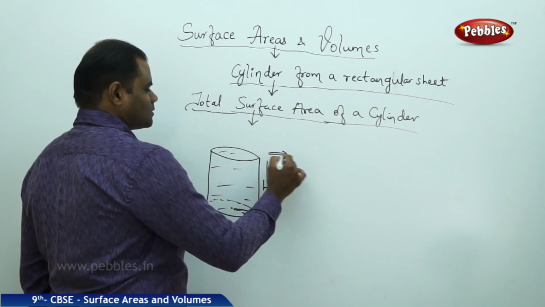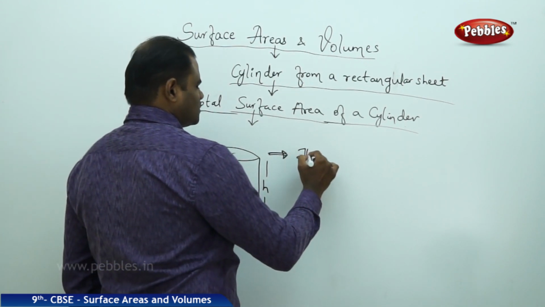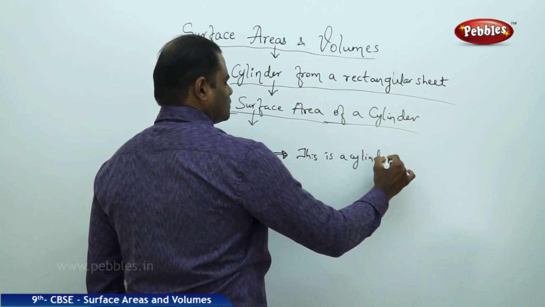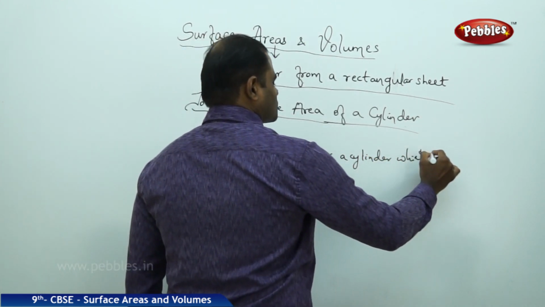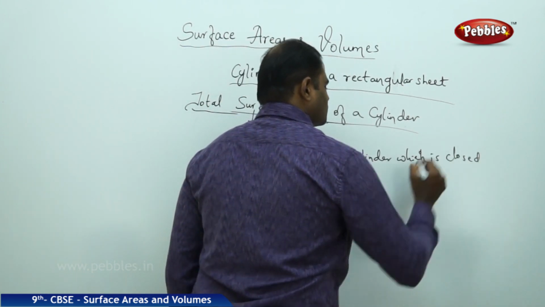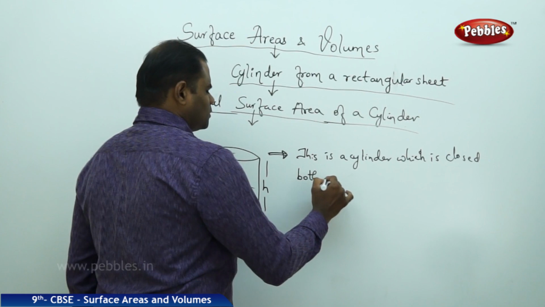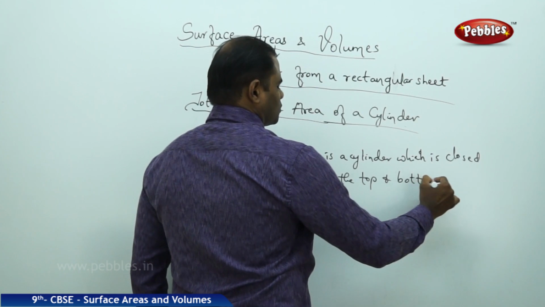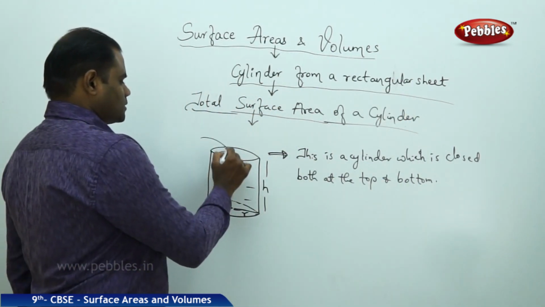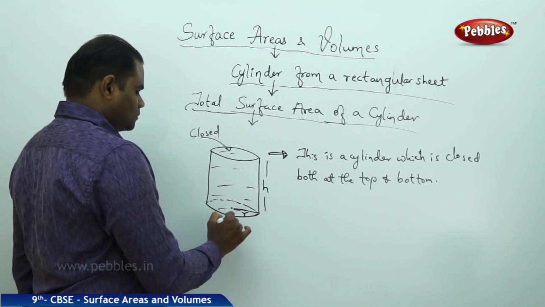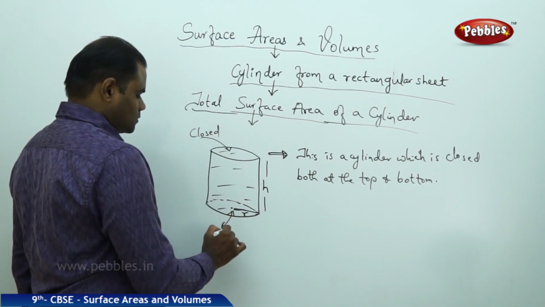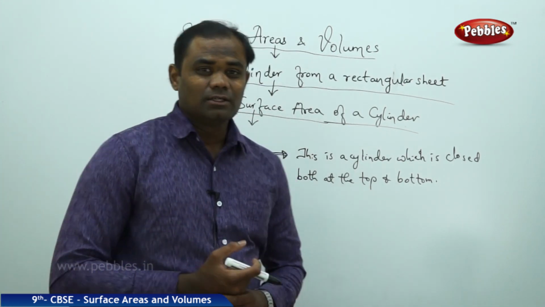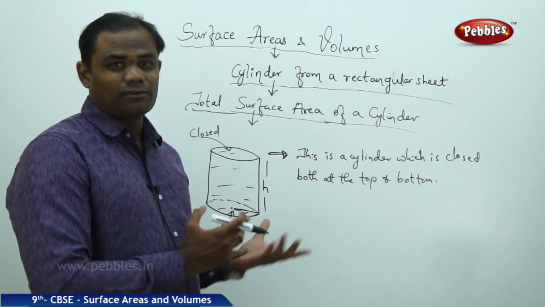So this is a closed cylinder, closed both at the top and bottom. Let's see what could be the surface area of this kind of cylinder.